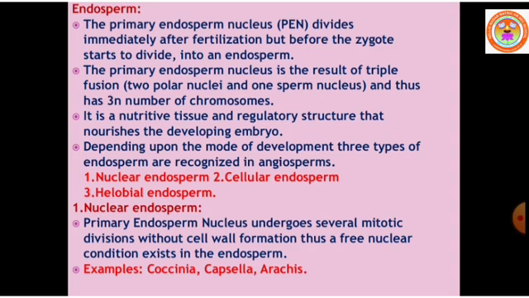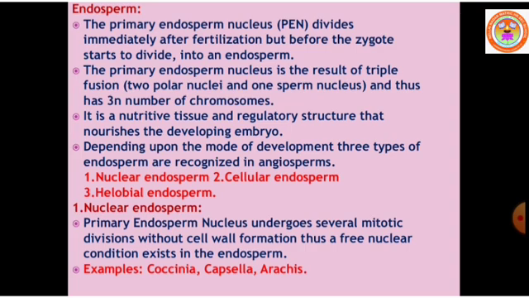Remember, once the primary endosperm nucleus forms, it starts to divide. The primary endosperm nucleus divides immediately after fertilization, while the zygote remains as it is. So the primary endosperm nucleus starts to divide into endosperm before the zygote starts to divide. The primary endosperm nucleus is the result of triple fusion.